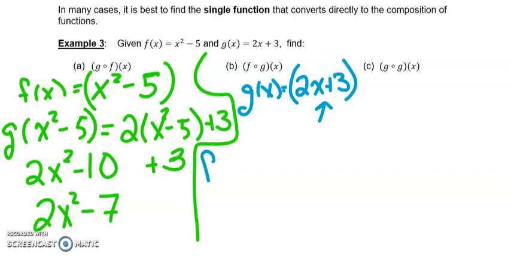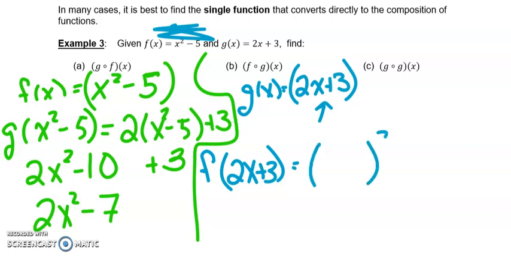So we're going to say f of 2x plus 3. All right, we're plugging in the 2x plus 3. So what does that mean in F? That means I'm going to take this, and it has a squared minus 5.